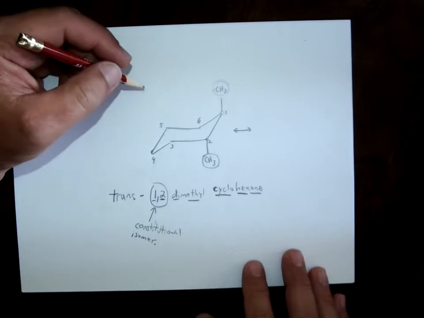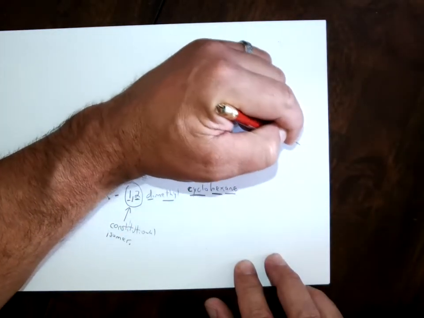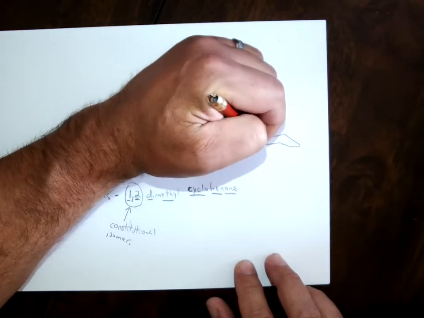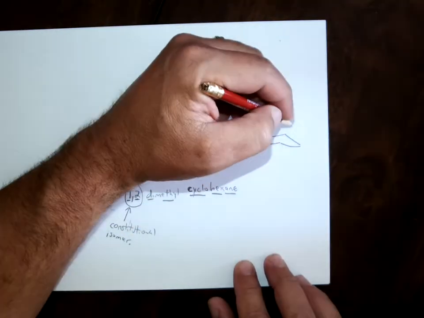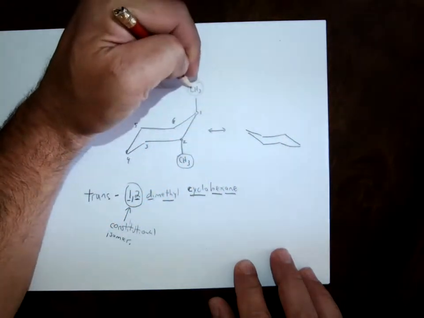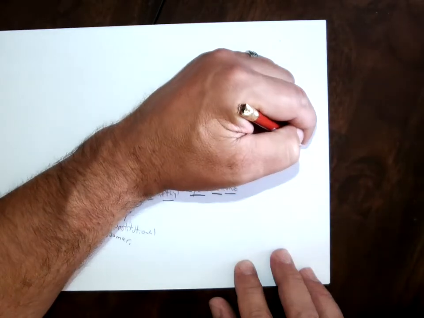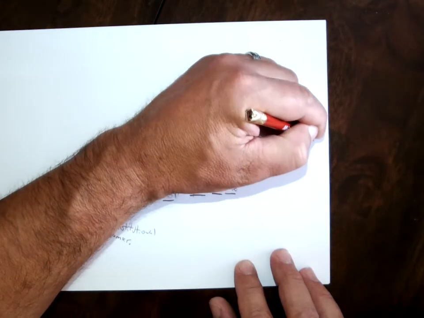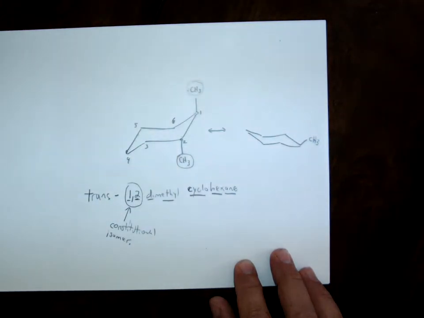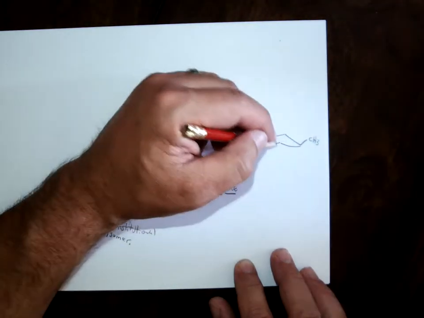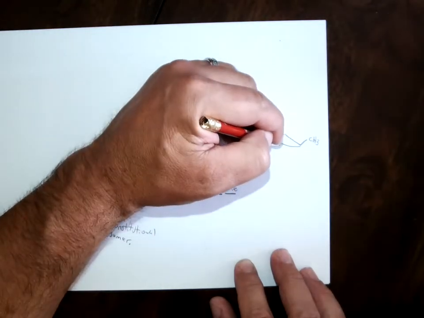So if I did a little twisting and turning around the single bonds, I could get this molecule to adopt a new sort of geometry where now the methyl that was in an axial position will now be in an equatorial position, but it'll still be on top of the ring. And then the methyl here that was in an axial position will move to an equatorial position.